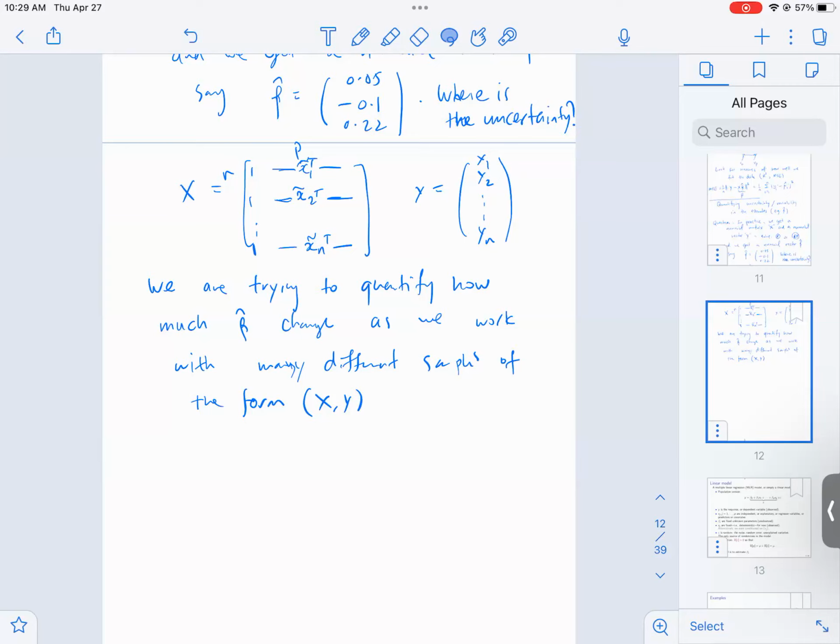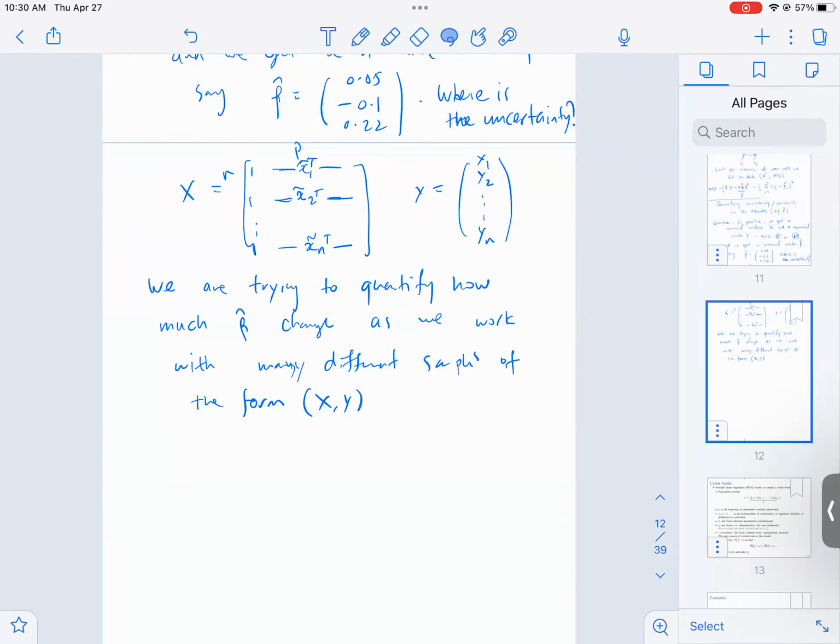You come back tomorrow, do exactly the same, another set of measurements of size n, and it has to be exactly n. The uncertainty that you're quantifying is going to depend on n. So if you have more, the problem changes. Do people understand now?